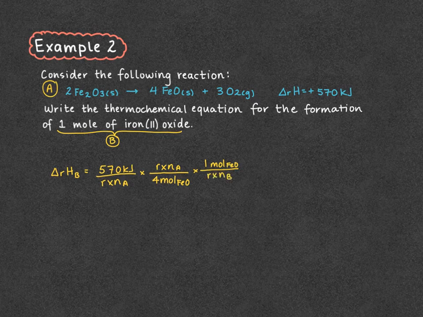So again, if we look at our units here, reaction A's will cancel, and moles of iron 3 oxide will cancel. So we have kilojoules for reaction B.